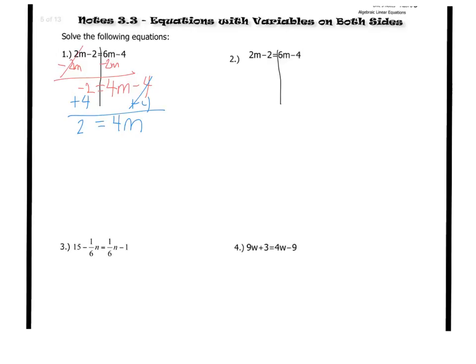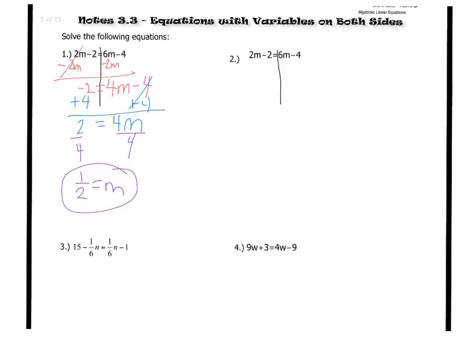To finish solving for m, we divide by 4 because the opposite of multiply is divide. We reduce 2/4 down to 1/2. So 1/2 equals m.